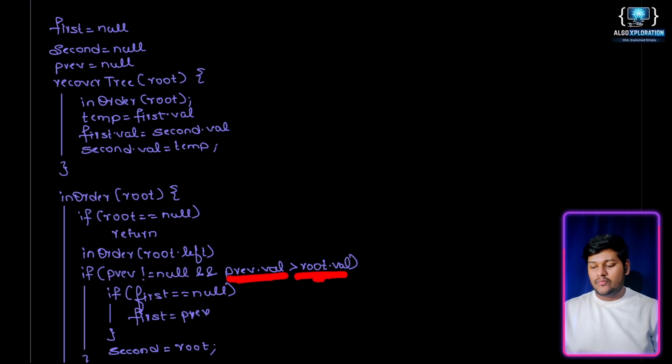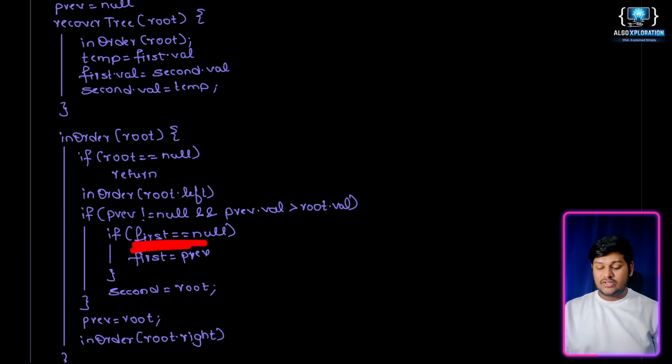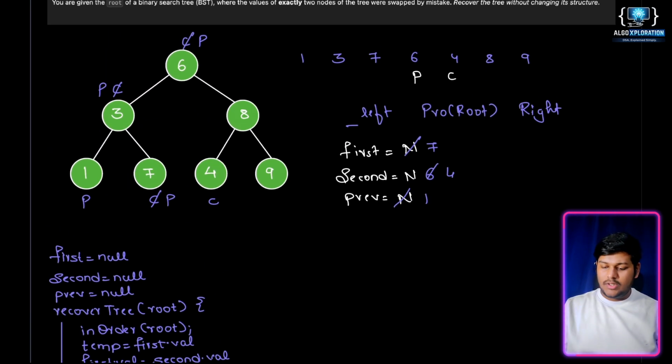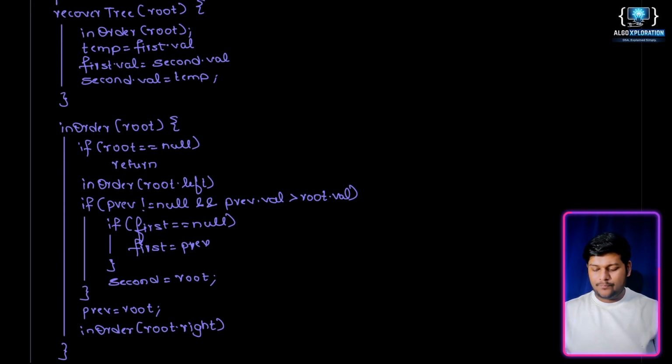If at any point the previous value is found to be greater than the current, and first is null, I need to store that previous inside first, and the current in second. So over here you can see that initially, when 7 was greater than 6, I stored 7 as first and the current node as second. I believe that you got it.